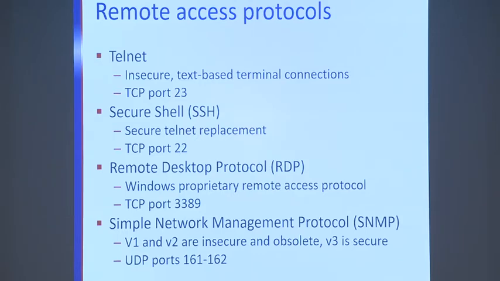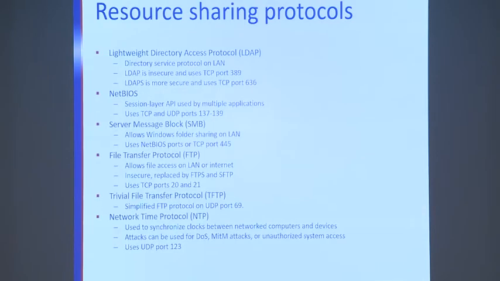SNMP, Simple Network Management Protocol, is using ports 161, 162. It is secure only if you're going to use version 3, so it's going to use SSL on top of SNMP.